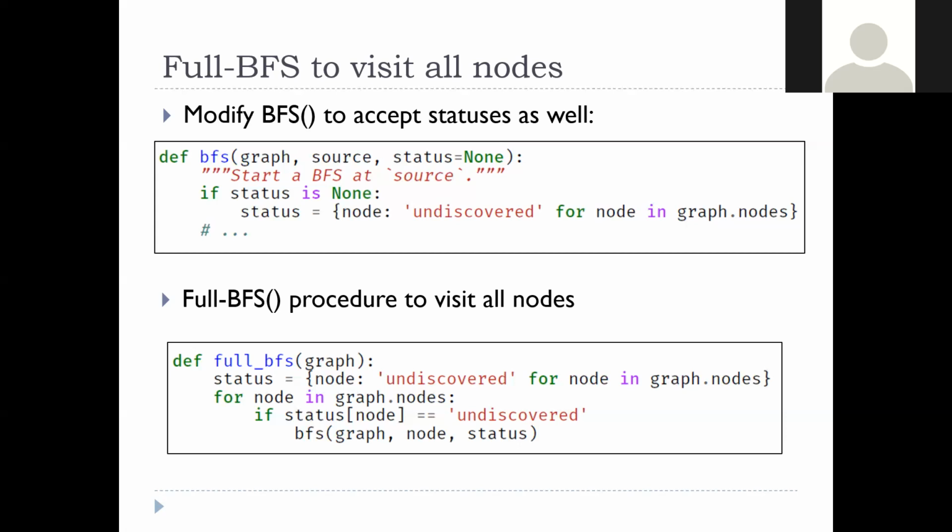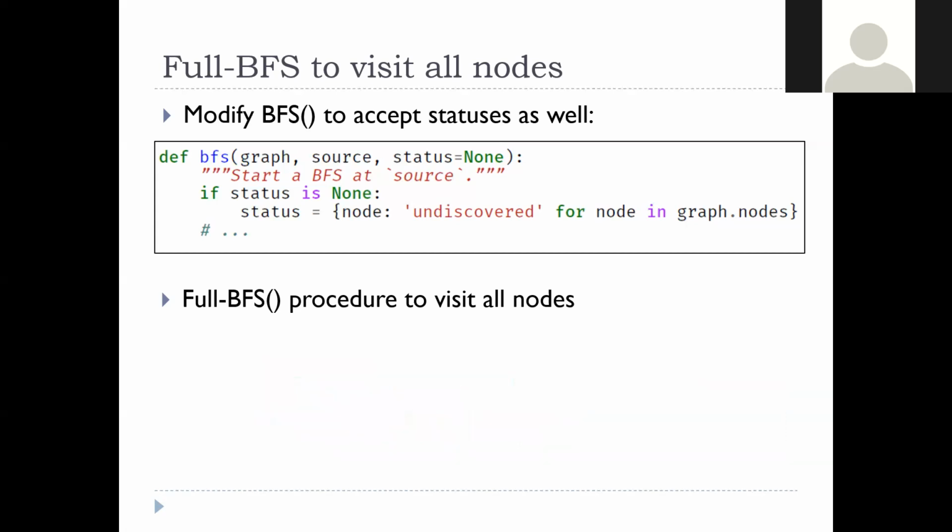So if it's by letters, we think there's A, B, C, D, E. That's the order in the graph. If a node has multiple neighbors, we have to decide which one to visit first when we explore its neighbors. So we assume that we always explore them in increasing order of either the letters or the numbers.